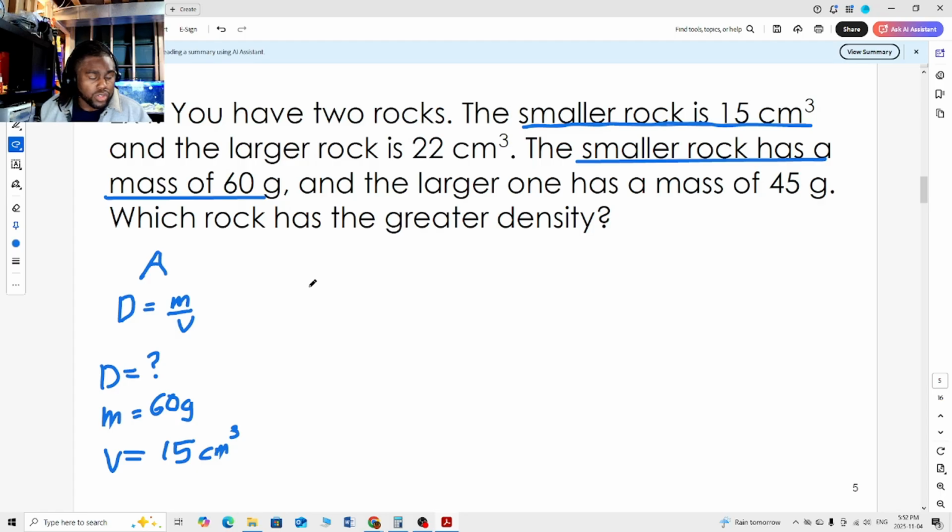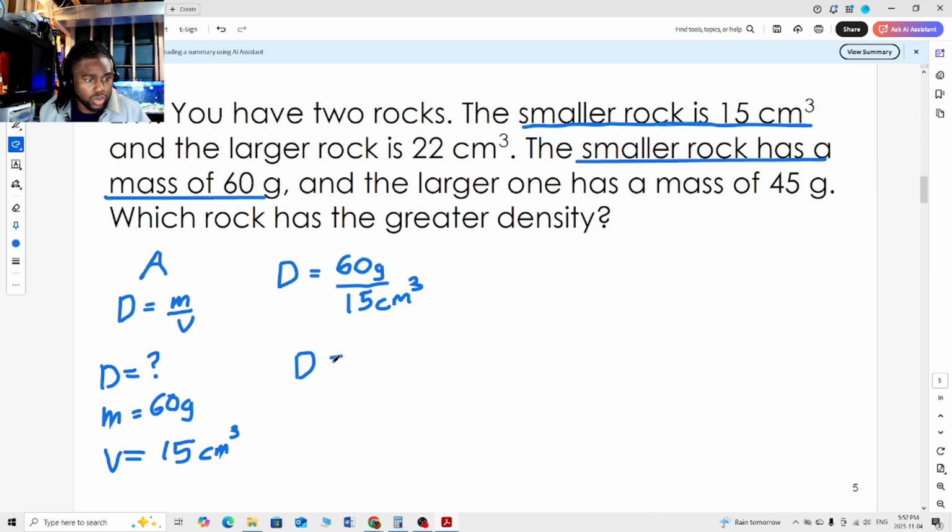Okay, so let's figure this out. So density is going to be equal to 60 over 15. So density is equal to 60 grams over 15 centimeters cubed.